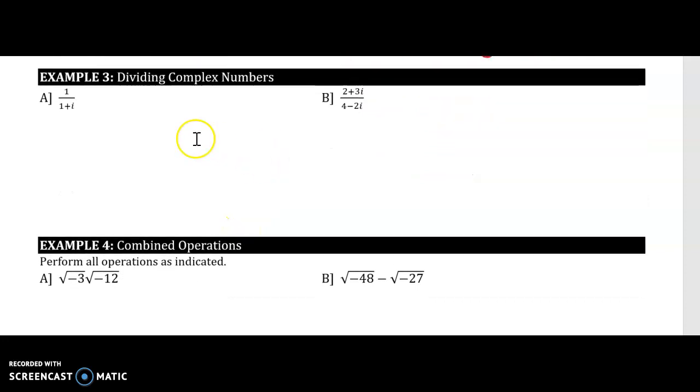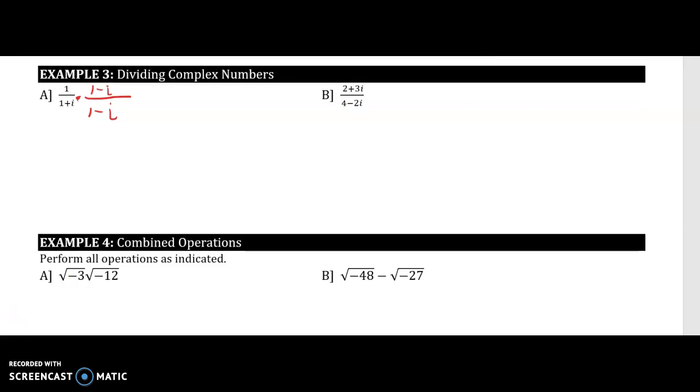Now, dividing by complex numbers. So what you do is you need to multiply the top and the bottom by the conjugate of the bottom. So the conjugate, you look at the bottom, it's 1 plus i. The conjugate is 1 minus i. Okay, so you multiply on the top, and you just get 1 minus i, because there's just a 1 on the top there, so it doesn't do anything.